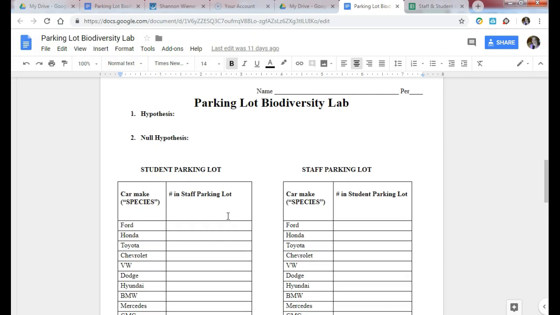So here's what's going to happen. I'm going to divide the class up. Half of you are going to go out to that parking lot. Half of you are going to go out to this parking lot. You are going to need to identify 10 cars, okay? But the trick is we can't just have you identify whatever 10 cars you want because we don't want people to overlap and count the same car twice, okay?